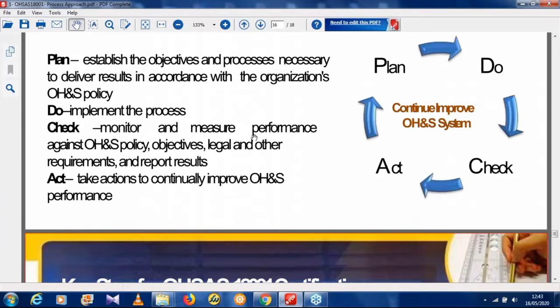How many medical treatment cases have occurred? How many permanent total disabilities? How many permanent partial disabilities? Those of you who have done HSC 1 to 3 remember these things already. So all that describes it.